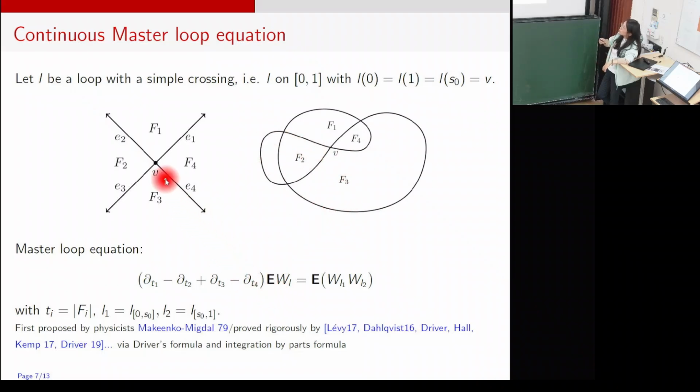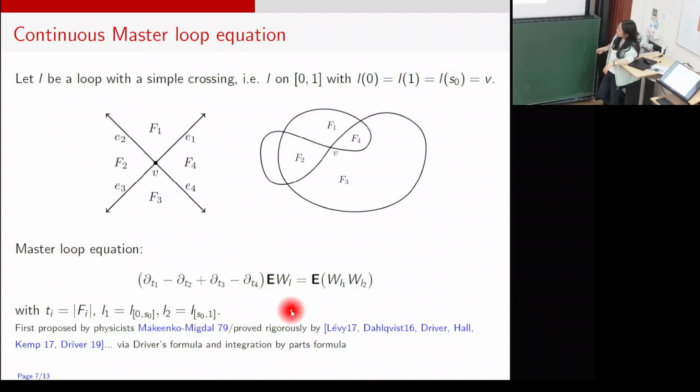But locally, the loop looks like this: if we start from this vertex V here, it goes along E1, maybe goes another way, then goes back along E4, and then goes along E2, and then goes in another way, and then goes back along the inverse of E3 and returns to V. And here we have four faces, F1, F2, F3, and F4. This is our loop, and the important thing is the local properties of this loop. And the continuum master loop equation is written in the following way.